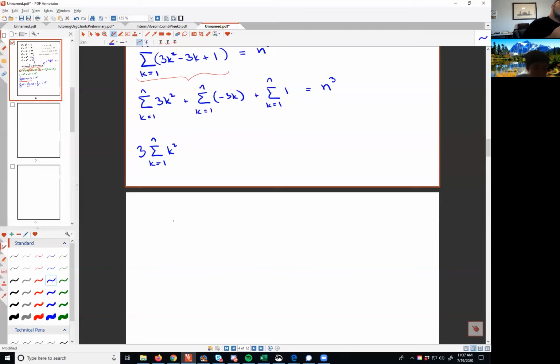What is that right there? Say that out loud. This is 3 times what? What are the sum of squares? Oh, you just said it. It's 3 times the sum of the first n positive squares. And then minus 3 times what?